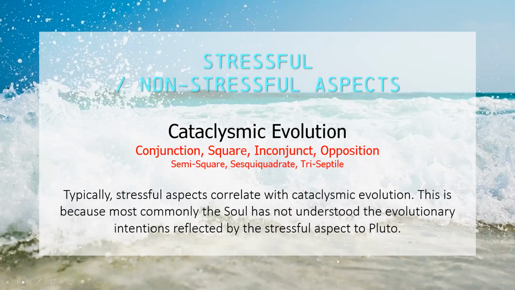So thanks, guys, for jumping in. Any more questions about Pluto aspects, Pluto progressions, cataclysmic evolution? And again, I guess to reiterate the core points, at least from my point of view, is that so often, whether we're conscious of it or not, we tend to look at trines or the more non-stressful aspects of the chart and think, oh, great, this is going to manifest in an easy breezy positive way.